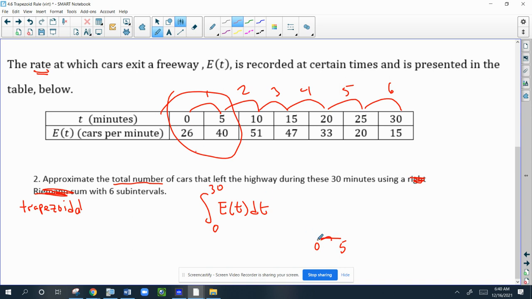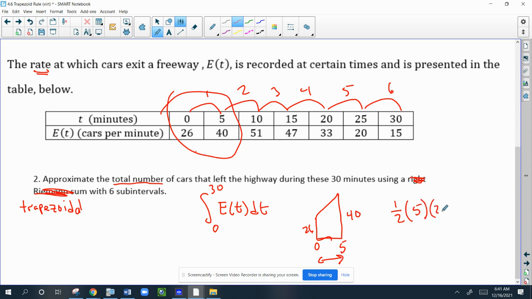At 0, the height is 26, so let's make this 26. At 5, the height is 40. Let's make this 40. It is a trapezoid, so the area is 1/2 times the height. Now this is a trapezoid on its side, so the height is 5, times the sum of the bases.